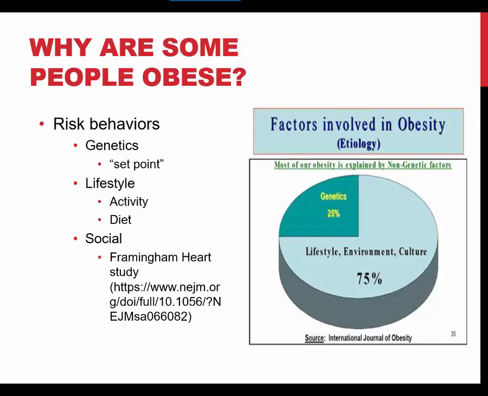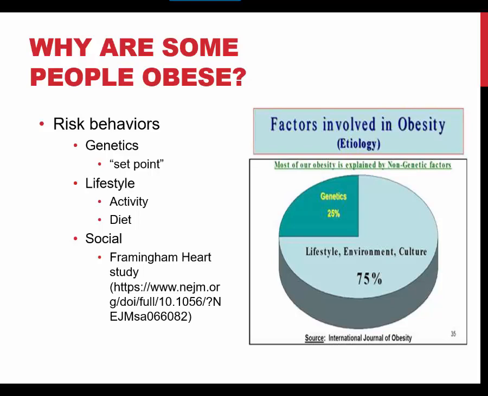And for some people, that weight is higher than for other people. Although the International Journal of Obesity has determined that only about 25% of our obesity prevalence is explained by genetics. So most of it is explained by non genetic factors. And this is where it becomes a little bit more sociological.